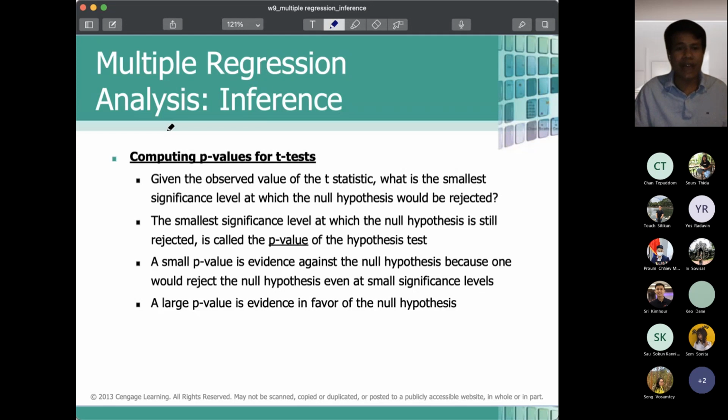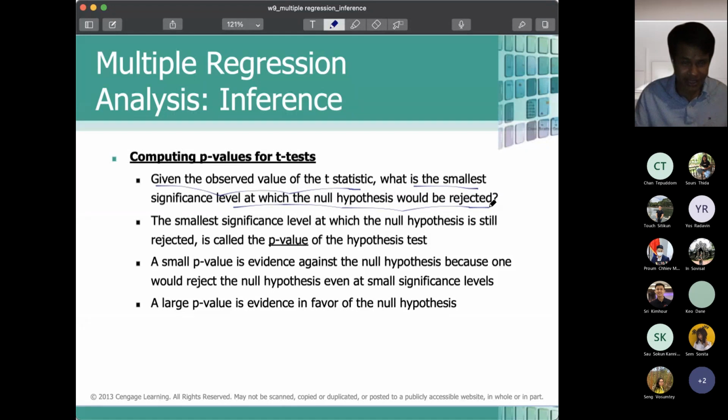Right. So now let's discuss more about the p-value for the t-test. As I just recapped, when you found that t is bigger than c, then you start lowering your significance level. You want to know the smallest significance level at which the null hypothesis would be rejected.